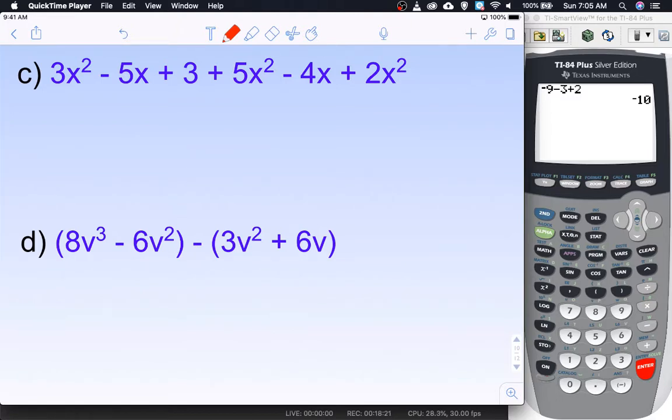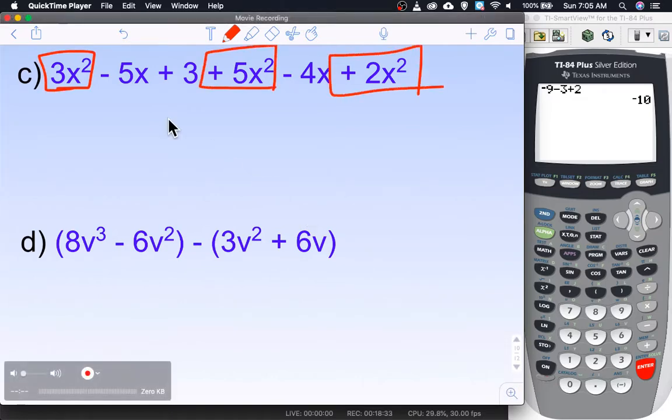All right, so letter C, the highest exponent I see is x squared. So I'm going to combine all 3 of these x squareds, and they're all positive. So I've got 3 and 5 more makes 8, and 2 more makes 10x squared.